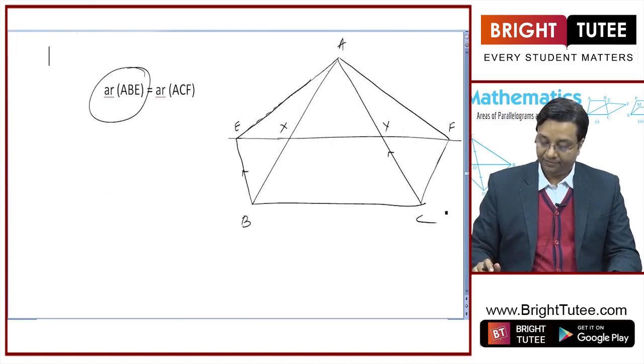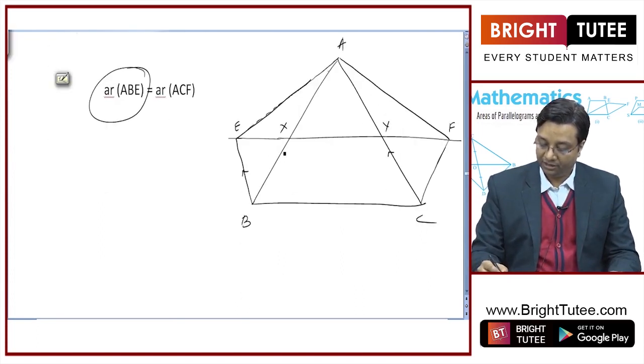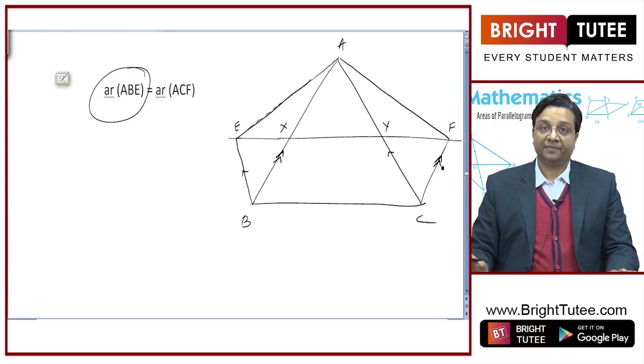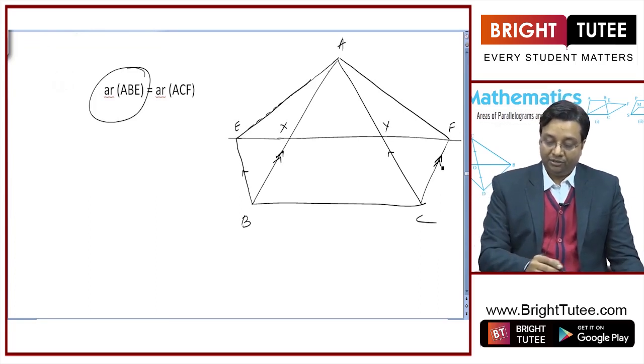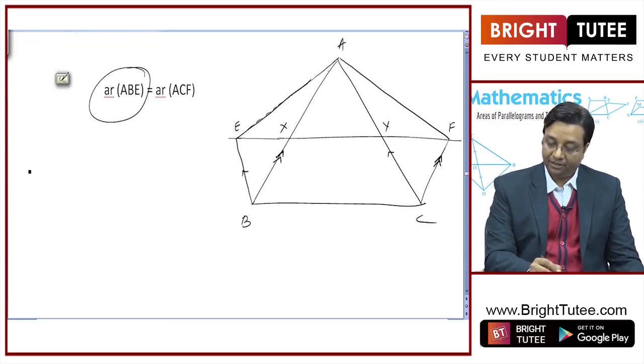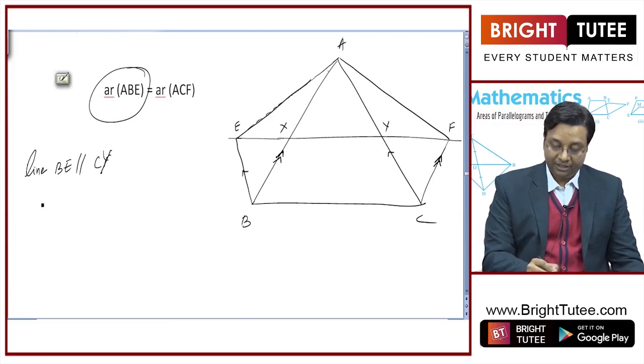Now see, and let me denote that this line is parallel to this line. Okay, once this much is clear, now you can see line BE is parallel to CY, BC is parallel to EY.